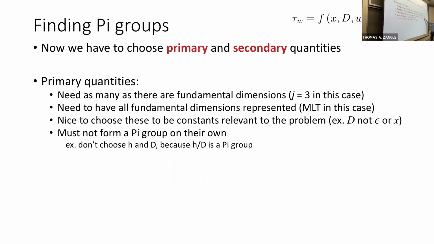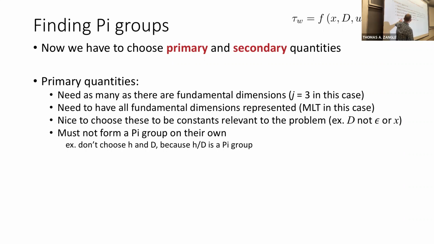So in this case, if we want to choose a primary quantity that represents length, diameter is the standard choice. All right, so the final constraint on the primary quantities is that they must not form a pi group on their own. So you must not be able to take those primary quantities and rearrange them together to make their own pi group among just those primary quantities.